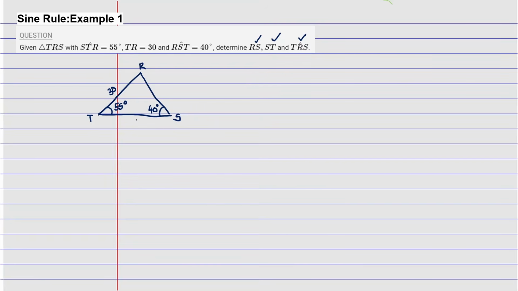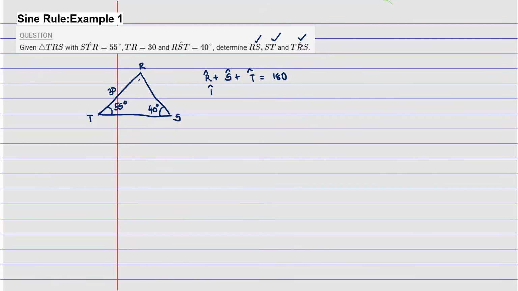See? Now, since we're given two angles, we can find this angle because of the sum of angles in a triangle. So we know that angle R plus angle S plus angle T is equal to 180 degrees. The sum of angles in a triangle.